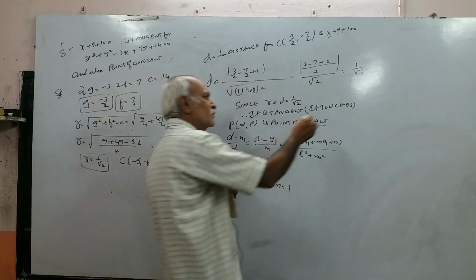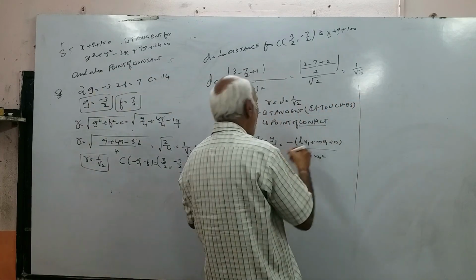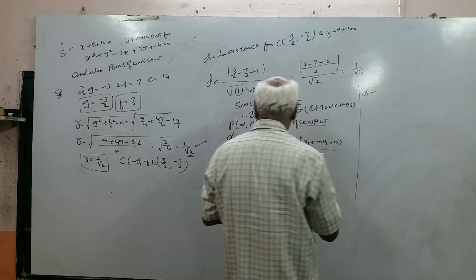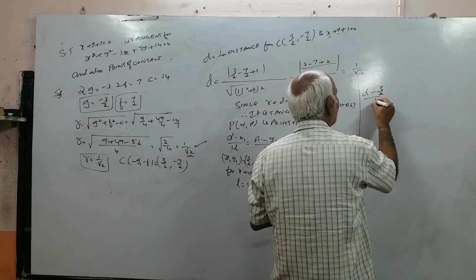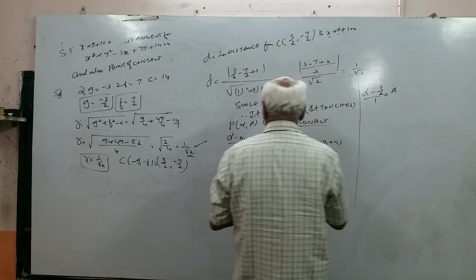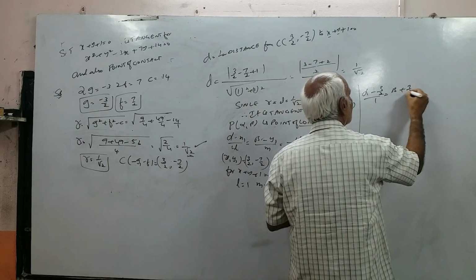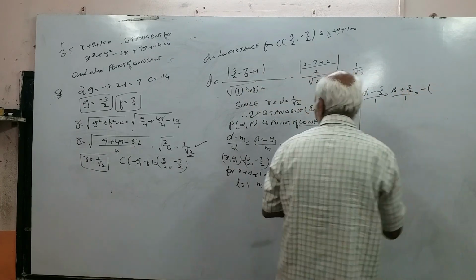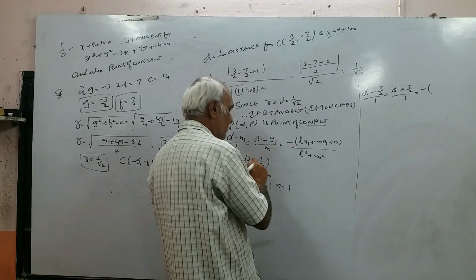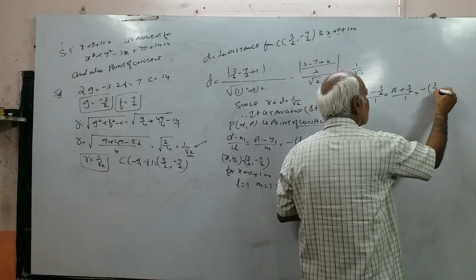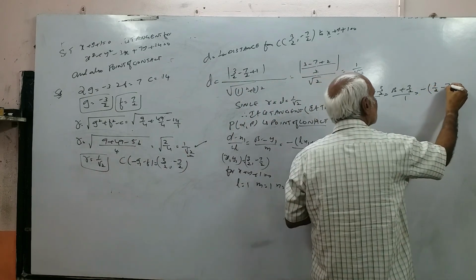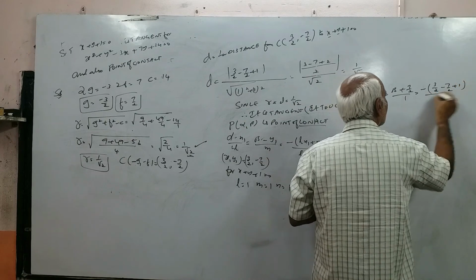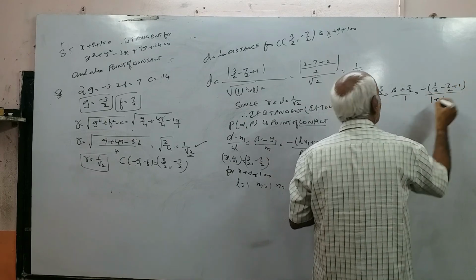Then put the values. Alpha minus x1 is alpha minus 3 by 2, by 1. Beta minus y1 means beta plus 7 by 2, is equal to minus of Lx1, 1 into 3 by 2, minus 7 by 2 plus 1, by L square plus M square, 1 plus 1.